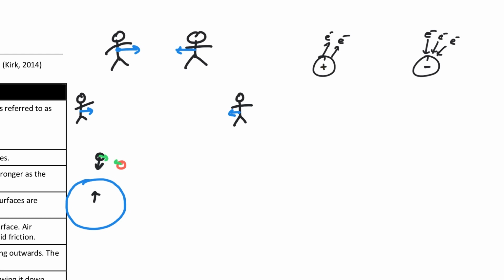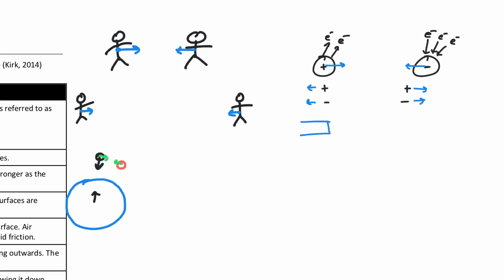And two opposite charges will have an attractive force between them. It works very similar to gravitational force. So the closer they are, the stronger the force, and the further away they are from each other, the force is reduced. And if we have two like charges, they will repel. And if we have two opposite charges, they will attract.